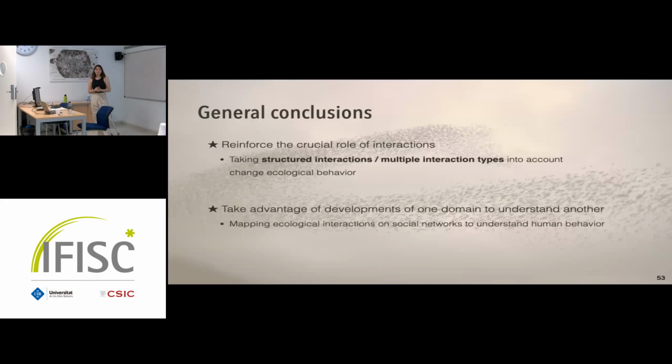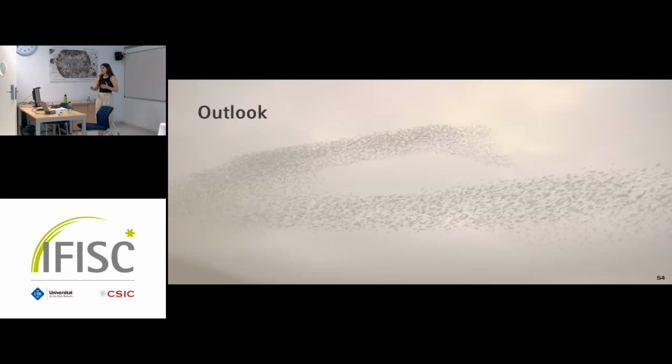And well, regarding these discoveries, of course, we already have some new research going on that has been inspired by these results. For example, regarding interactions, we are now thinking whether interaction modifications or higher order interactions could also be a very interesting ingredient to explain coexistence in ecosystems.